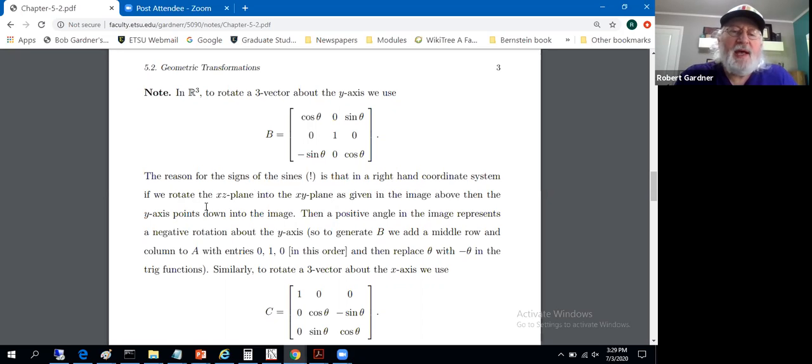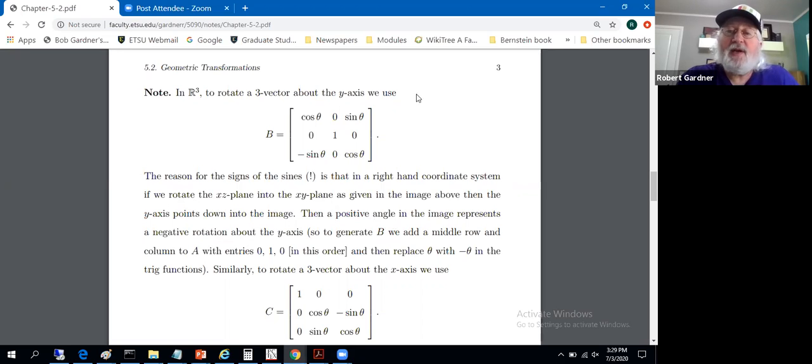We're going to rotate the XZ plane into the XY plane, and then we can use that matrix A that we had a second ago. So what we're doing is rotating the positive Z-axis onto the positive Y-axis. Then a positive angle in the image represents a negative rotation about the y-axis.